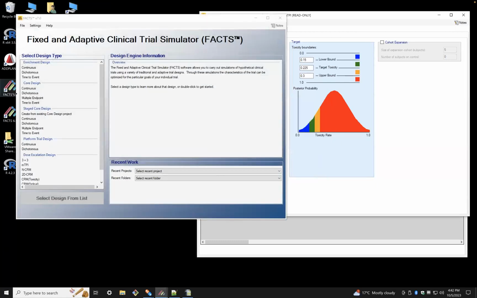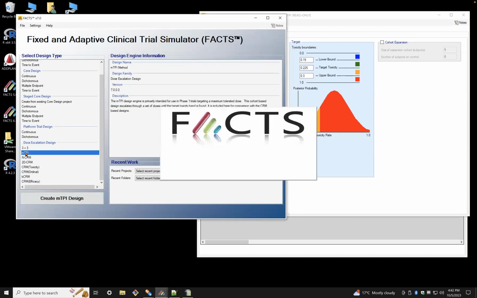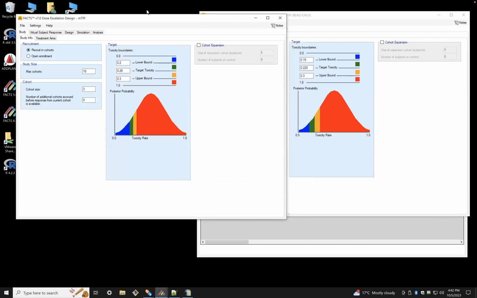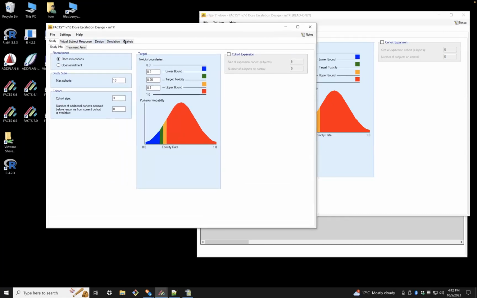So we start FACTS, we select the kind of design we want. So we're down here in the dose escalation designs, and we want to do an MTPI. So we double click on that, and we get presented with the tabs to input the parameters for the MTPI with some default starting values in. So I need to change those.